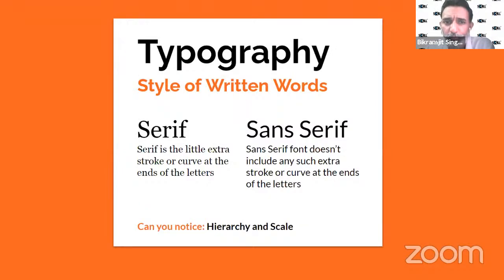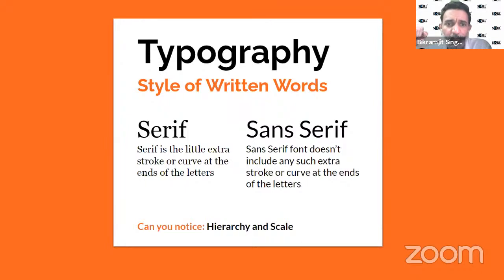Then the third element would be the typography. We did cover shapes, we did cover the colors. Now let us check out the typography. The choice of the font becomes very important. And then of course, the hierarchy and the scale. For example, in this page, you can see title. Title is the largest at this point of time.